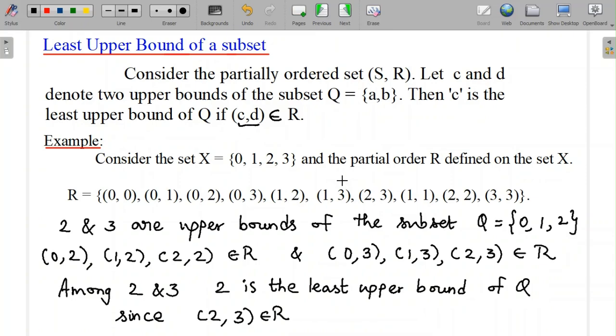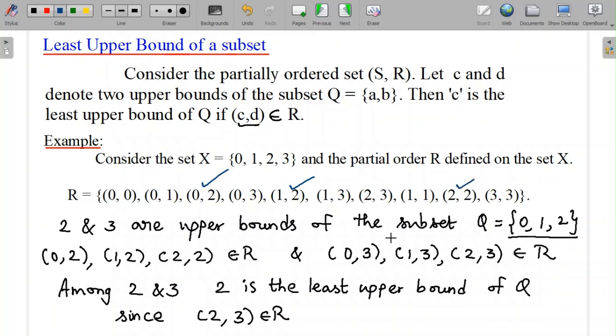To discuss this, we'll use an example of a relation R on the set {0, 1, 2, 3} containing 4 elements. We have the ordered pairs defined in the set R. It's easy to identify that 2 and 3 are upper bounds of the subset {0, 1, 2} because we see (0, 2), (1, 2), and (2, 2).